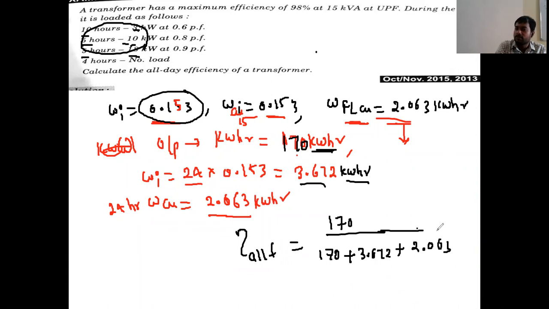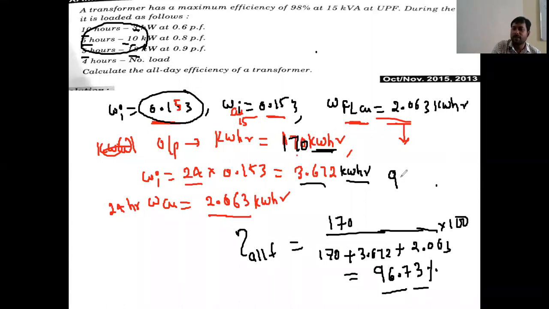After solving this, we get 96.9773. So the all day efficiency ranges from 93% to 96 or 97% only. It will never exceed 97%. So this is about all day efficiency.